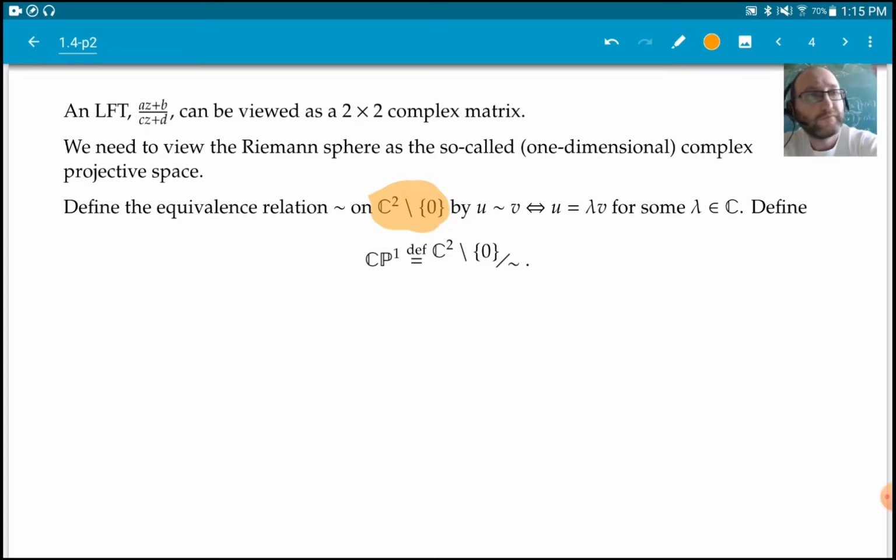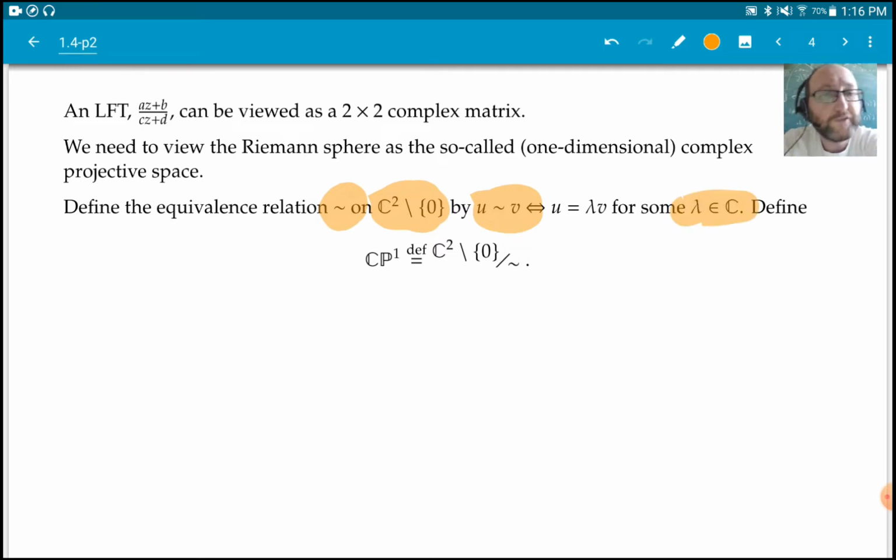A two-dimensional complex space. We take out the origin. So we take out the point (0, 0), and we define an equivalence relation on the vectors in this C2 by saying that two vectors u and v are equivalent if u is equal to lambda v for some lambda.